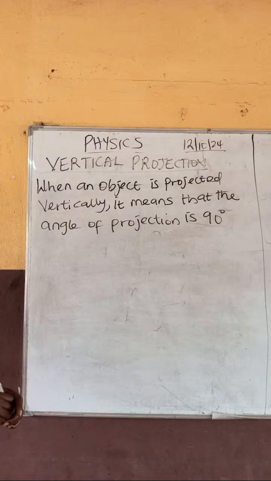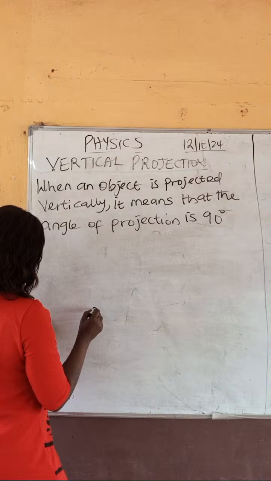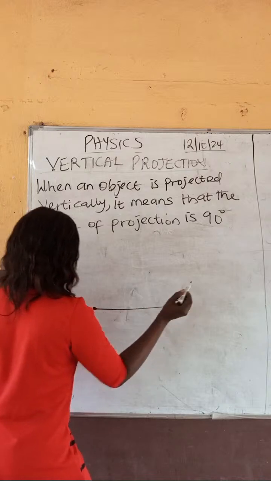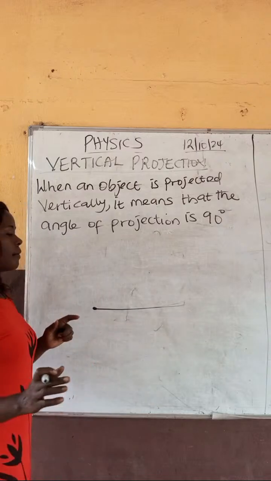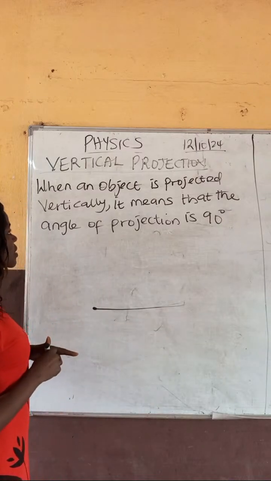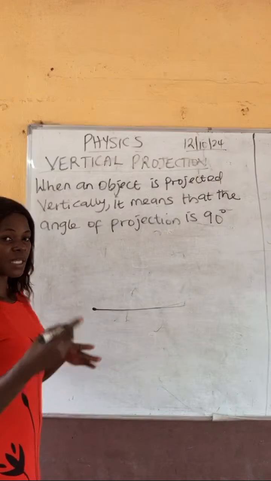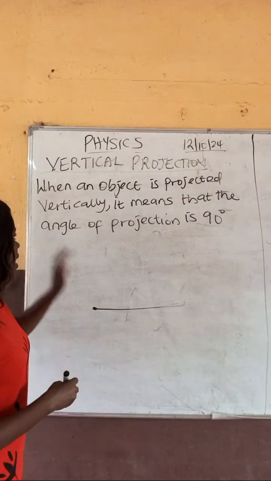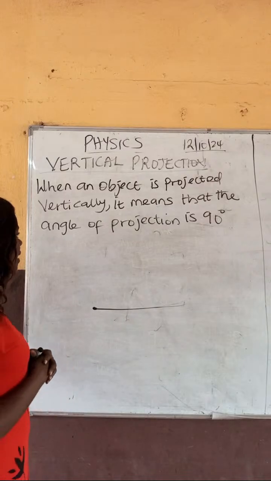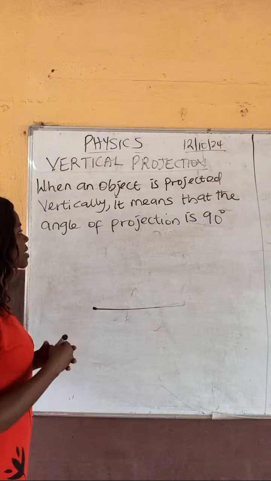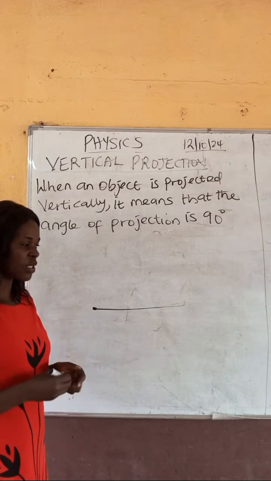Now, let me explain with a diagram. This is an object, okay? Then this is a horizontal ground where the person that is throwing the object is standing. Now, I said before I explain, when an object is projected vertically, it means that the angle of projection is equal to 90 degrees.